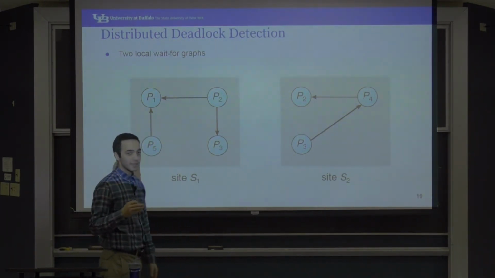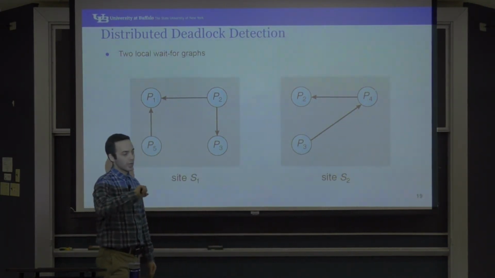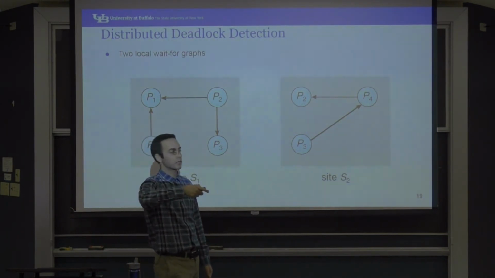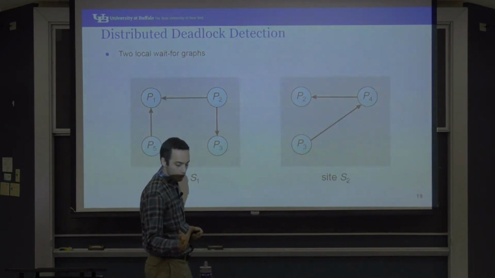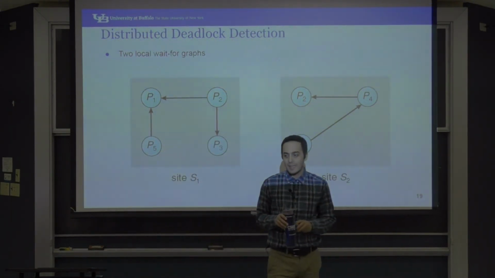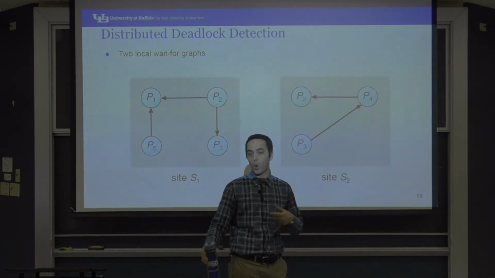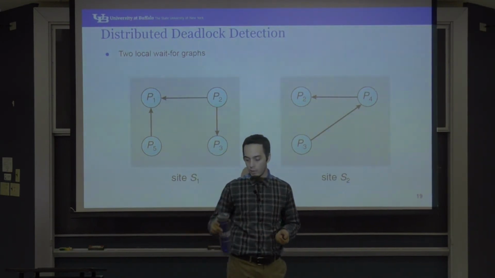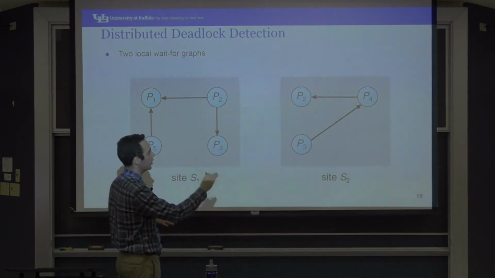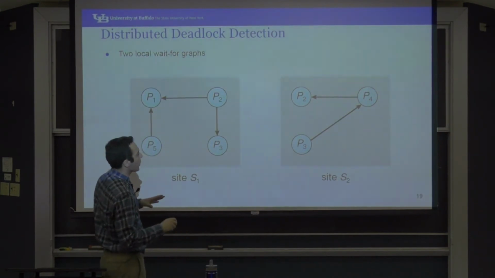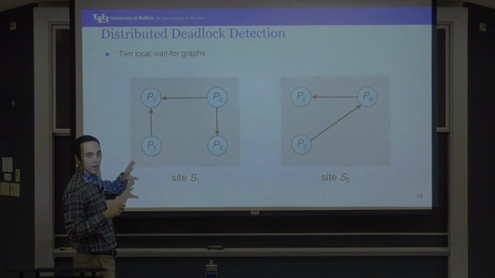Now, in cases where the resources are only single instance, we can translate those and remove the squares and say, okay, if process 1 is waiting for this resource, and this resource is assigned to P2, technically process 1 is waiting for P2 because it is waiting for P2 to release this resource. There's no other way that it can obtain this resource, right? So, in this case, we show it by a direct arrow from process 1 to process 2, and there are no resources there. Based on the information that each site has, they have a wait-for graph locally.